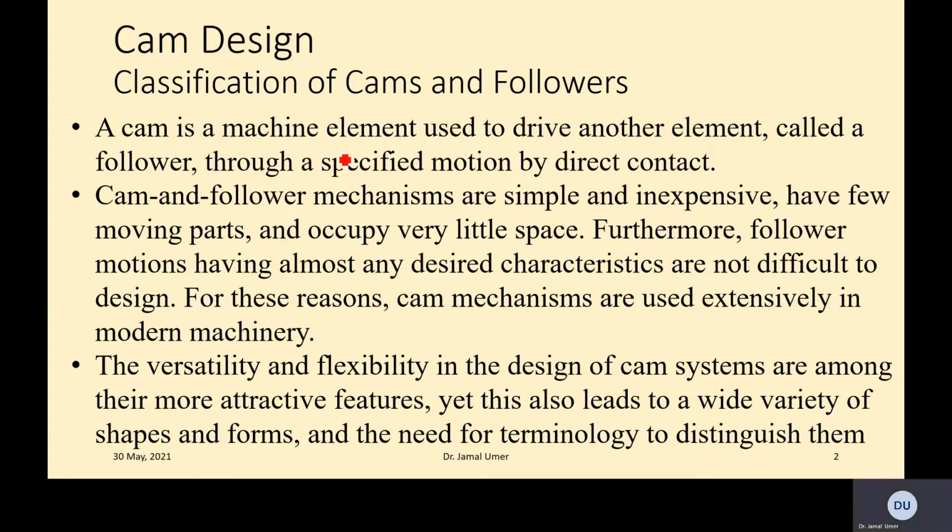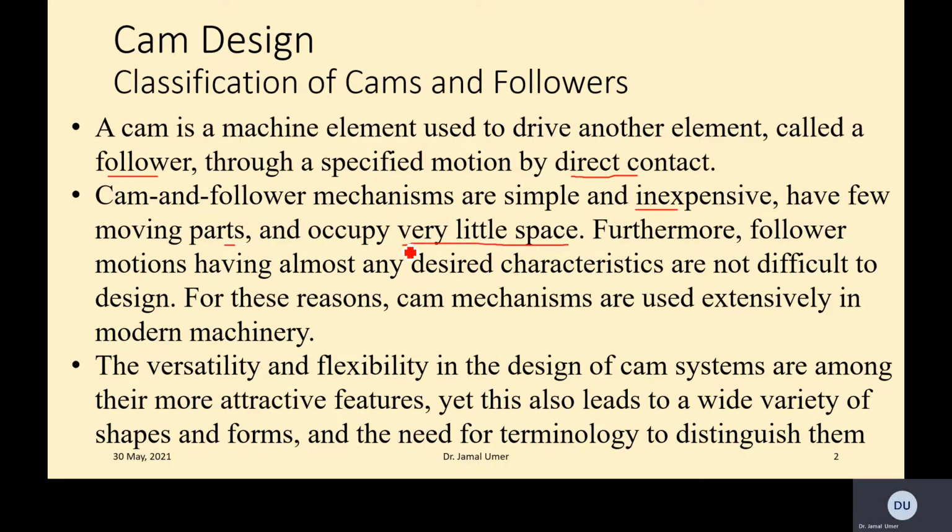So a CAM is a machine element used to drive another element called a follower. So the purpose of CAM is to drive a follower through a specified motion by direct contact. So CAM and follower mechanisms are simple and inexpensive, have a few moving parts, and occupy very little space.